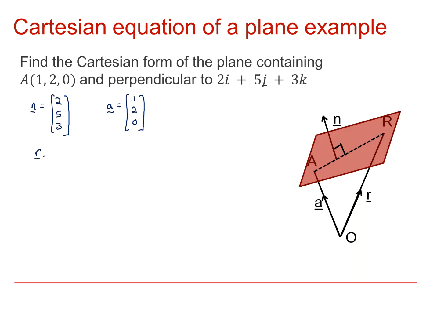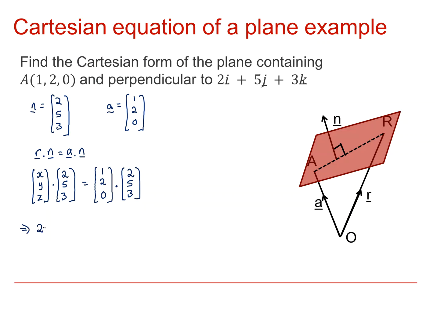Using our equation r dot n is equal to a dot n, I get this. General point R is x, y, z, dot my normal vector 2, 5, 3 is equal to the position vector of my particular point 1, 2, 0, again dotted with the normal vector 2, 5, 3.